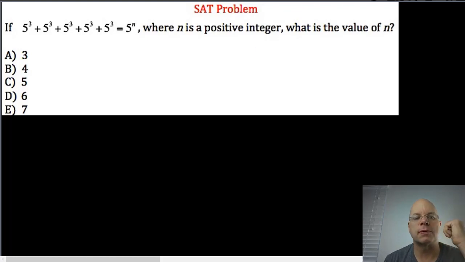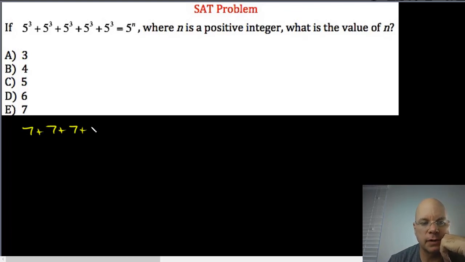In order to solve this one, you have to recognize that you have a situation here where you have repeated addition. And so if I had, for example, 7 plus 7 plus 7 plus 7, that would just be the same as 4 times 7. Well, here you have 5 cubed plus 5 cubed plus 5 cubed plus 5 cubed plus 5 cubed.